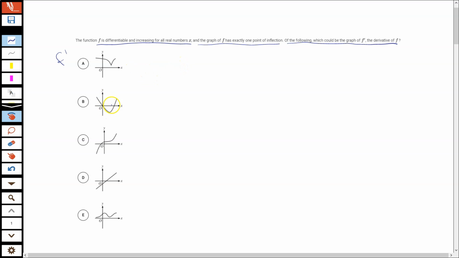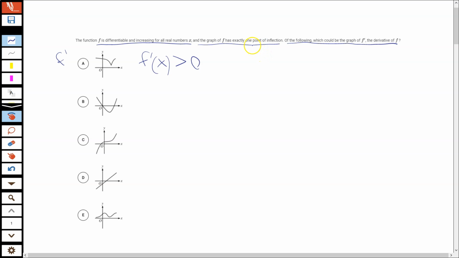There are questions where they make you pick f, so it's important to read the question carefully, like what it's asking. And then f is increasing for all real numbers x. So that means f prime is greater than 0, and then 1 point of inflection.